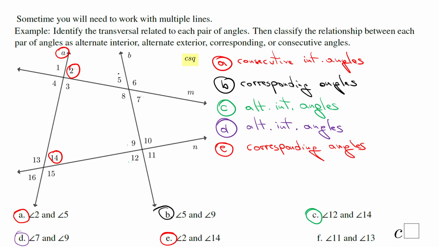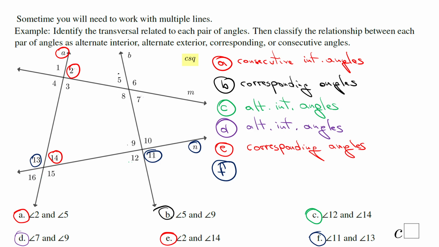And we have one more, F. Let's see, F here, angle 11 and 13. 11 and 13. Which one will be the transversal? Now the transversal will be N. And if we notice, 11 and 13, looking to the transversal N, A and B are the other two lines.